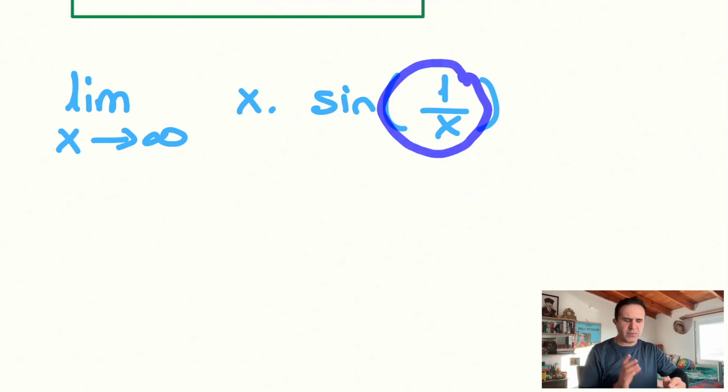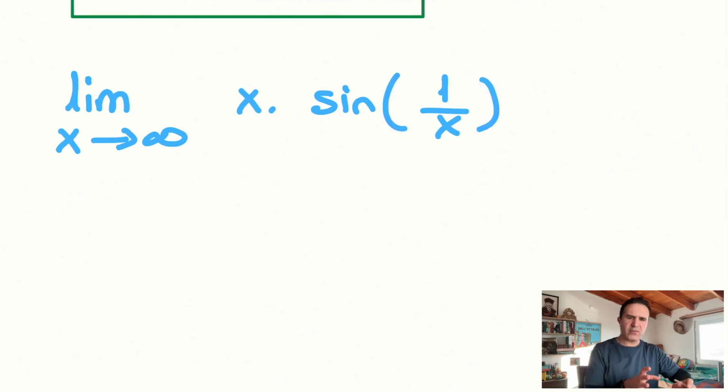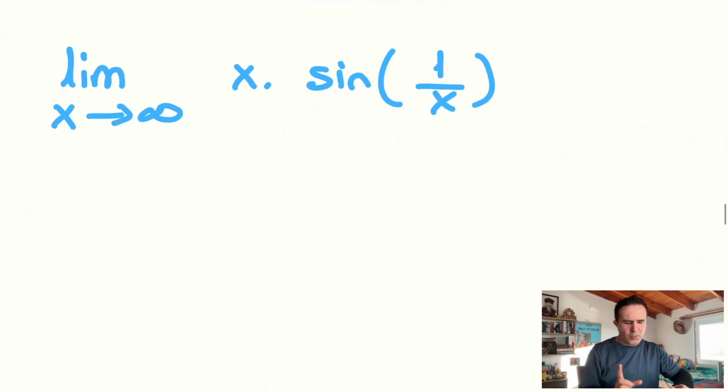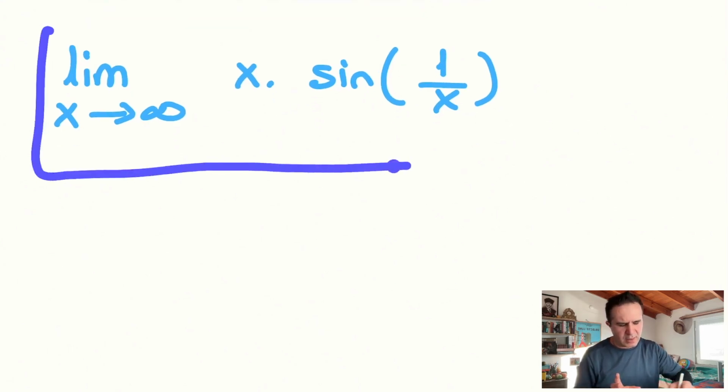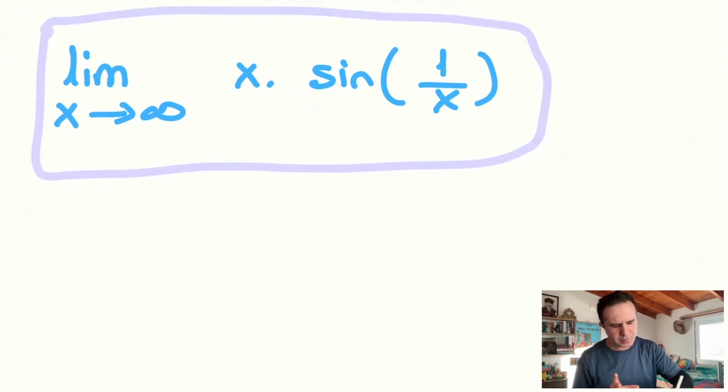If it is not there, you need to create it. For this problem, we have 1 over x inside the sine function, so we want to have the same expression, 1 over x, in the denominator as well. For that reason, I will rewrite the expression here.